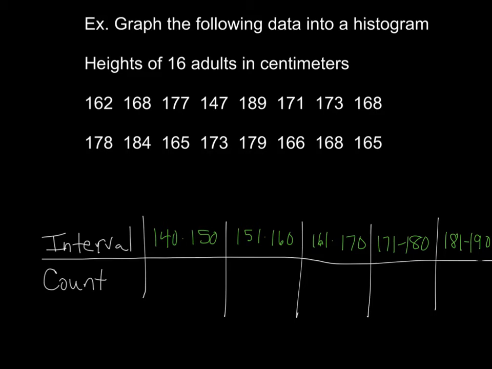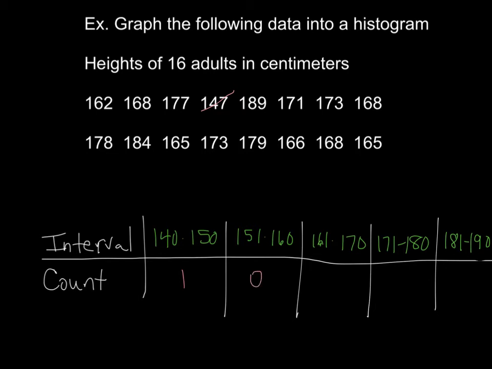So I'm going to do a tally, or I'm going to count up, okay? And when I count, I get one that goes in the 140 to 150 range, because if you look up here, there's only the 147. So in case you needed to, you could close that off. In the 151 to 160, if you notice here, there's 0. There's none of those.